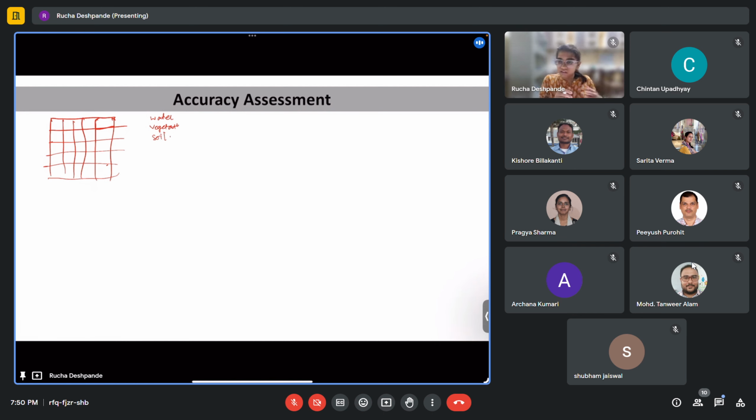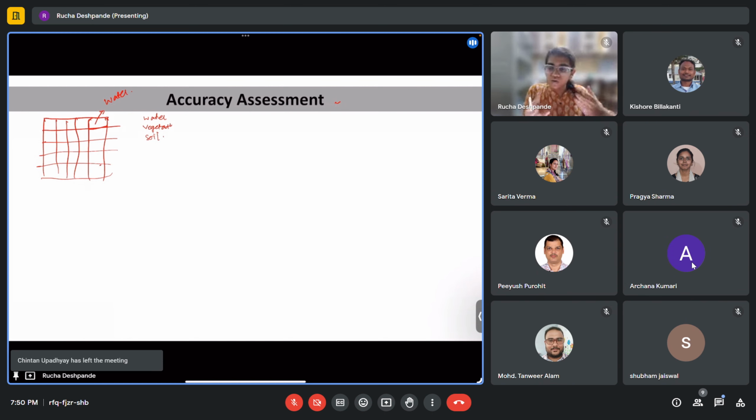Then there are different types of classification techniques which were explained in the lectures. To check whether the classified pixel actually belongs to that category, we need to do accuracy assessment of that classification technique. Suppose my classification algorithm has classified this pixel as water, but when I go to the field and check the real data at that coordinate, I find that this pixel corresponds to vegetation.